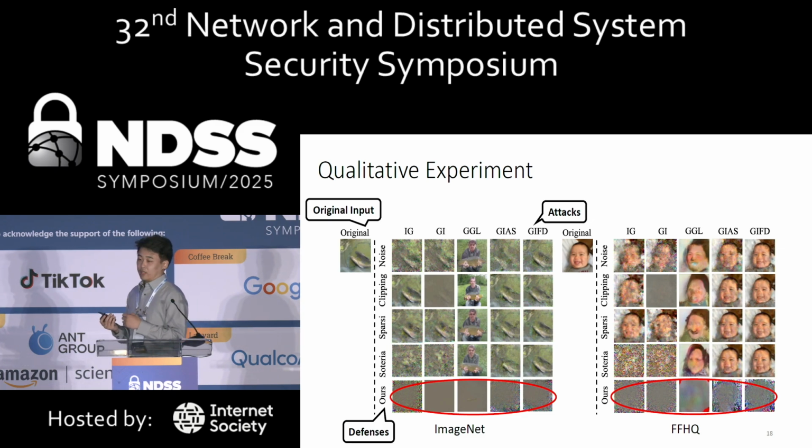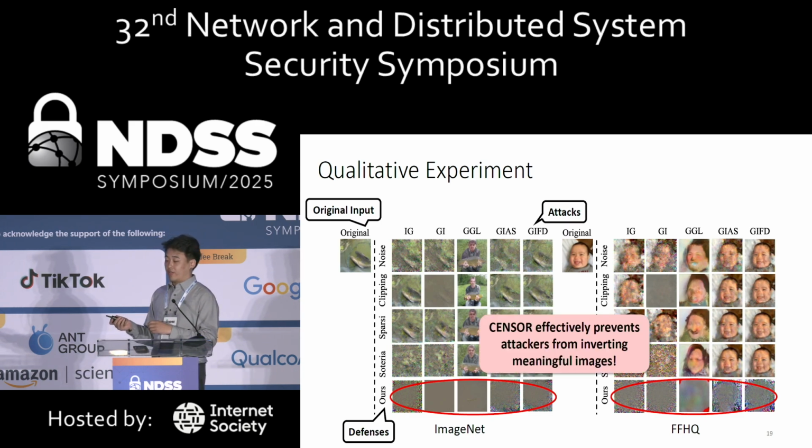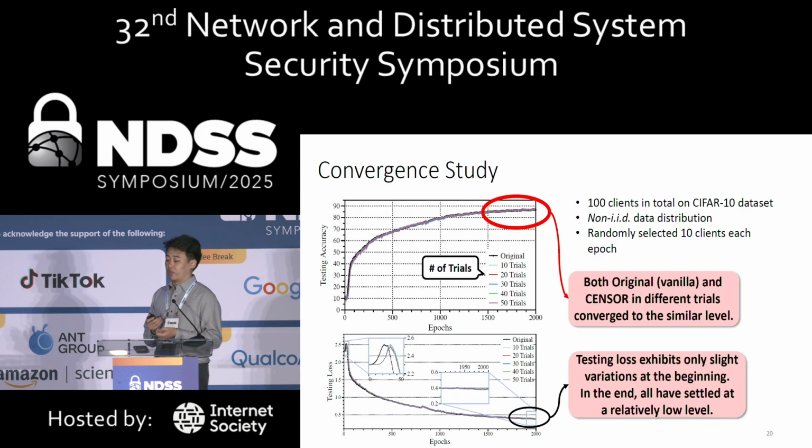In ImageNet, the left-hand side is the original input, and the right-hand side shows different attacks in the columns, and each row is a different defense. The last row is our method. We can see CENSOR effectively prevents the attacks from inverting any meaningful images.